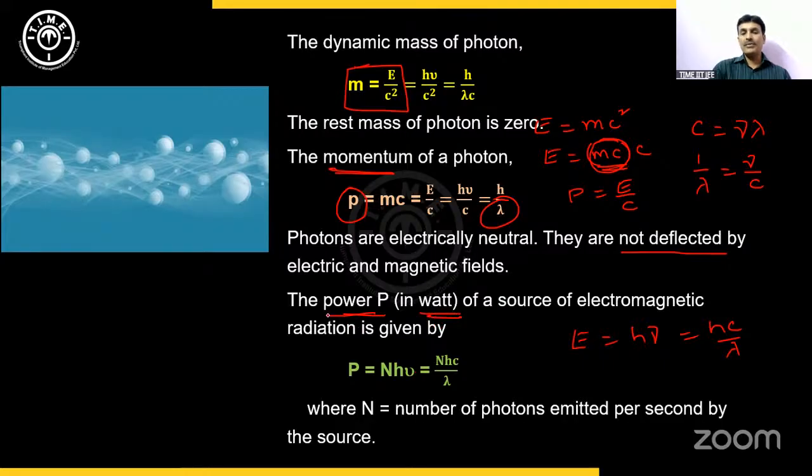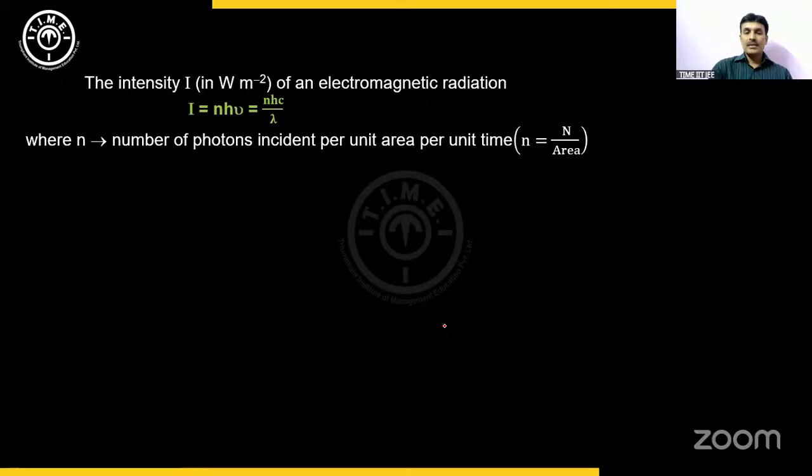Once you are clear with the term power, there is another term related to these electromagnetic radiation sources, that is, electromagnetic waves will have certain intensity too. Intensity is defined as energy per unit area per unit time.